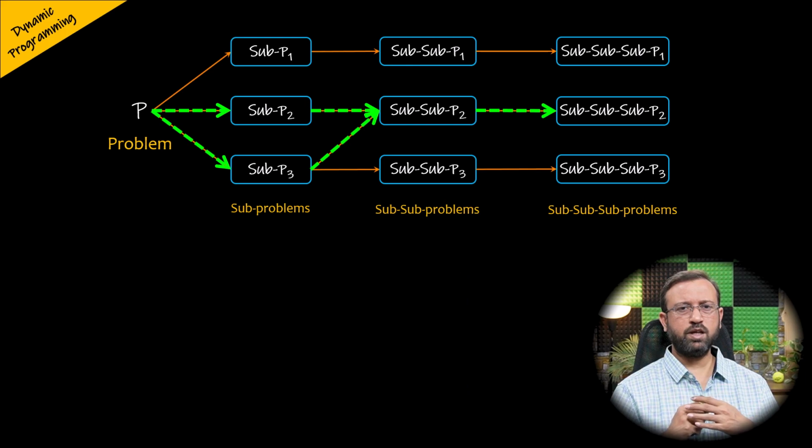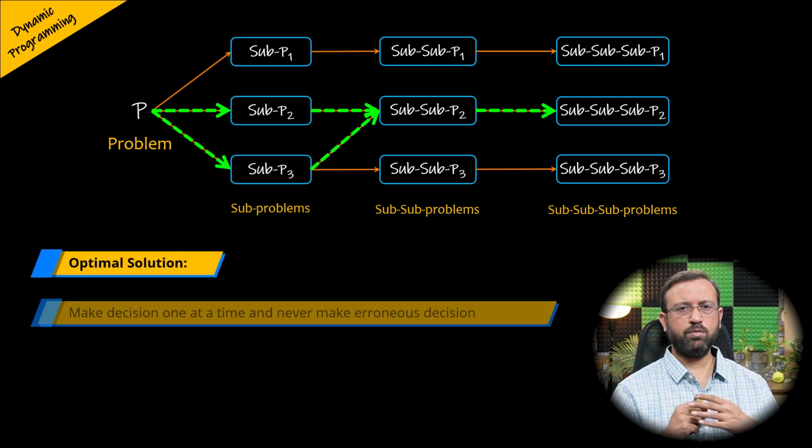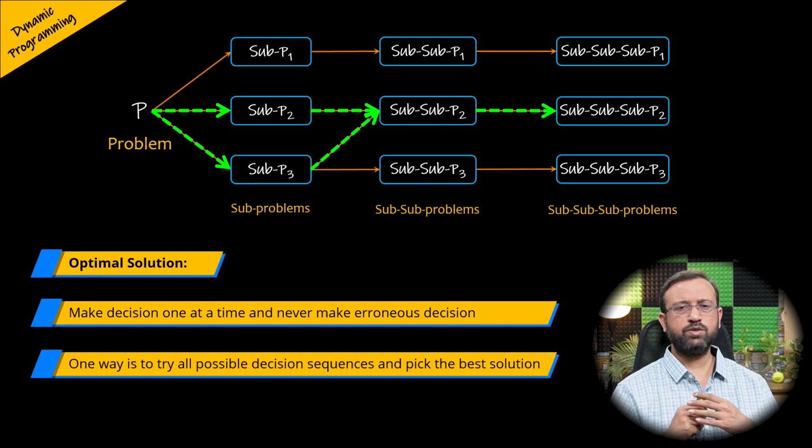The optimal sequence of decisions can be found by making decisions one at a time and never making an erroneous decision. One way to solve problems using the dynamic programming approach is to try all possible decision sequences and then pick out the best solution. But trying all possible decisions leads to performance issues such as time and space complexities.